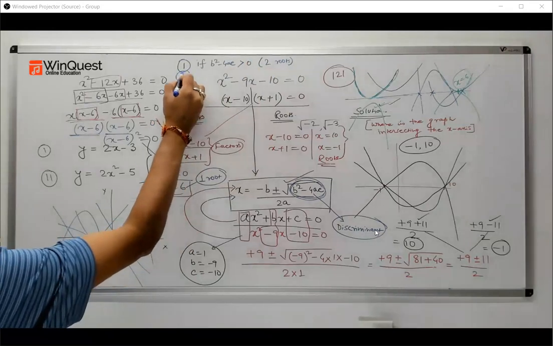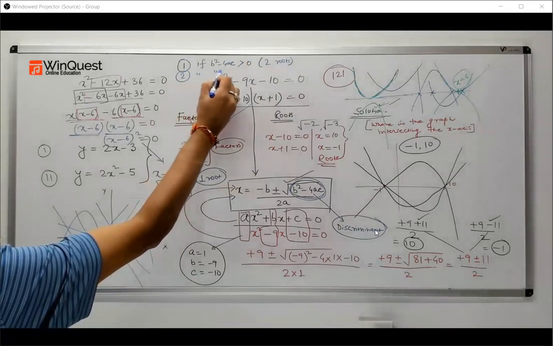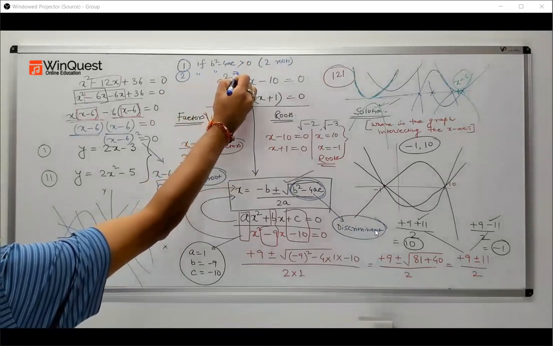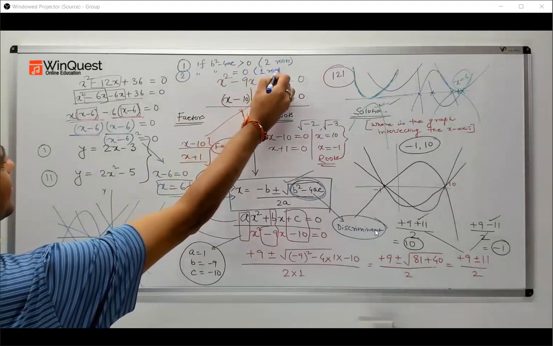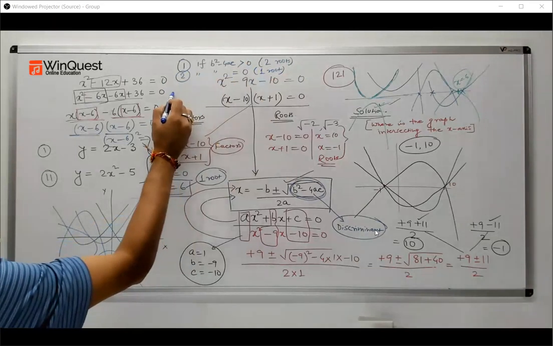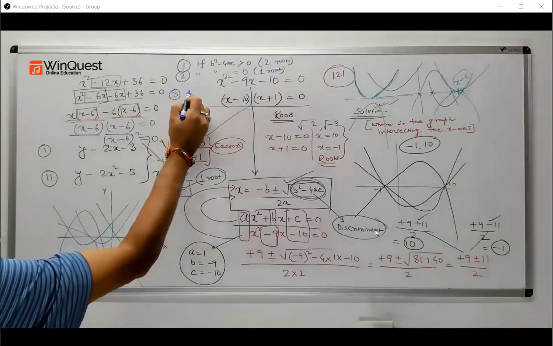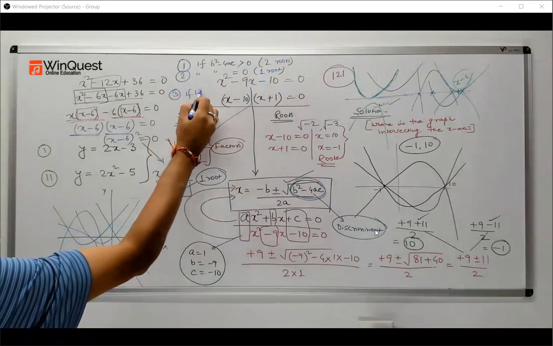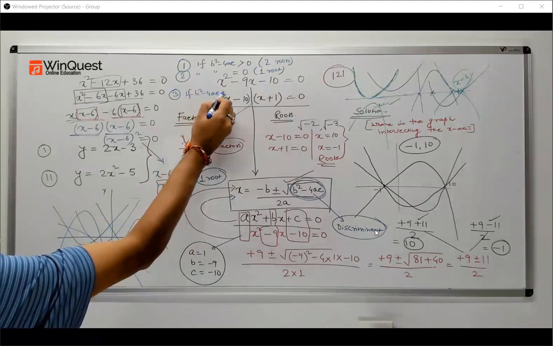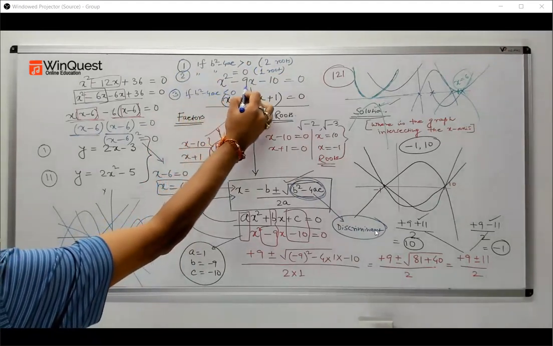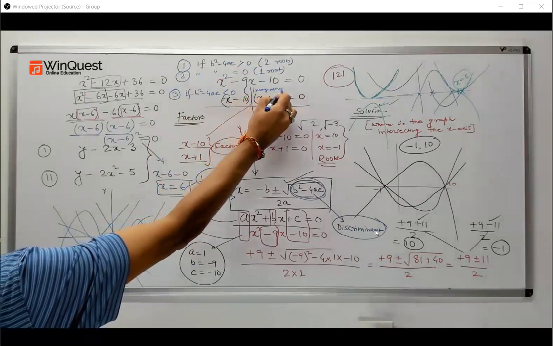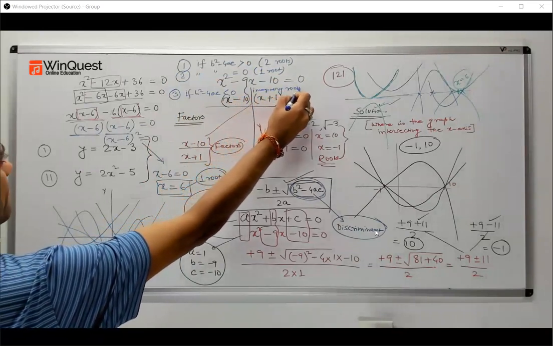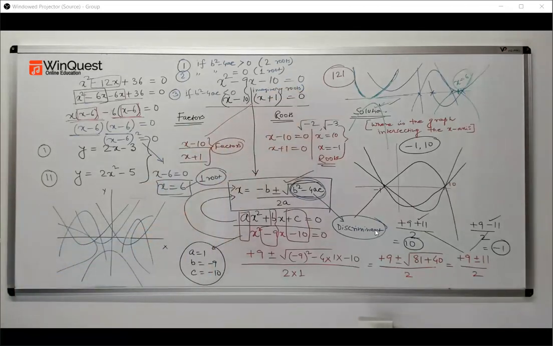Number two, if b square minus 4ac equals 0, one root. Number three, if b square minus 4ac is less than 0, imaginary roots. These are the three classifications.